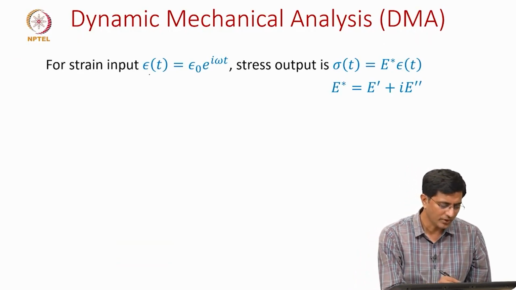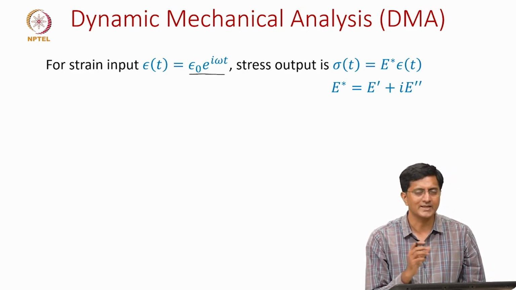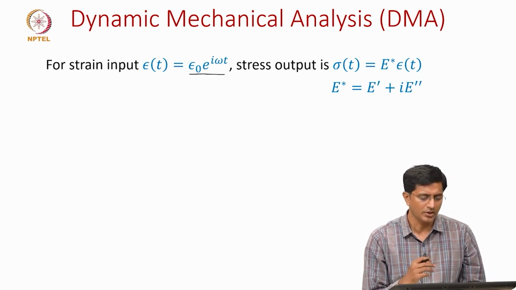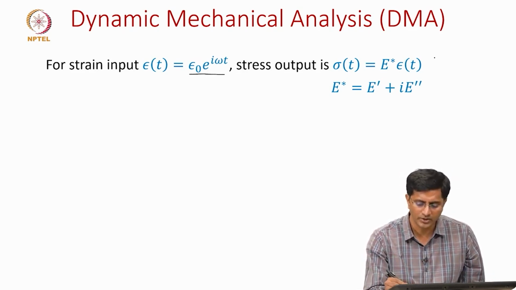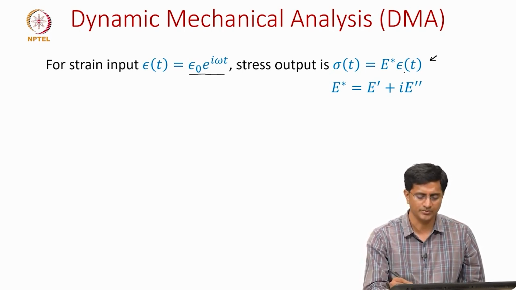We said for a strain input written in terms of the exponential function e power i omega t, which captures both the cosine as well as the sinusoidal inputs, the output can be written in terms of E star, the complex modulus, times the strain input.